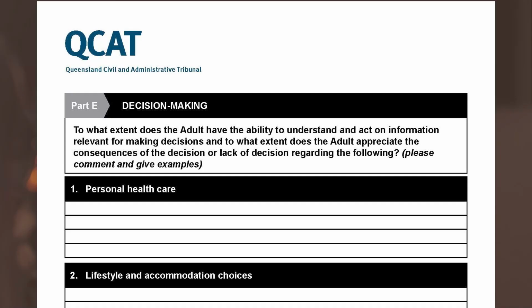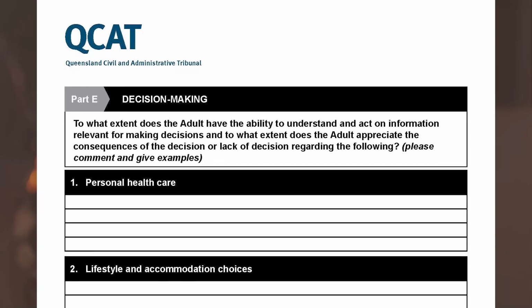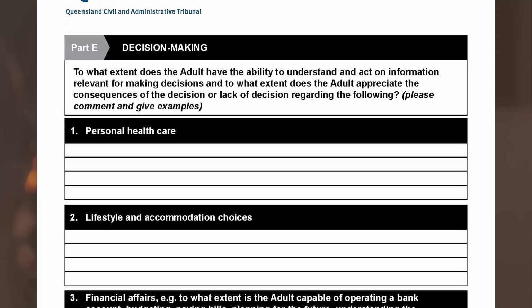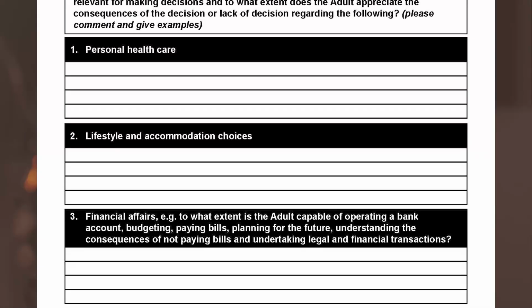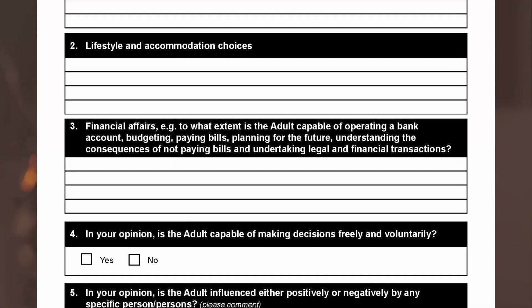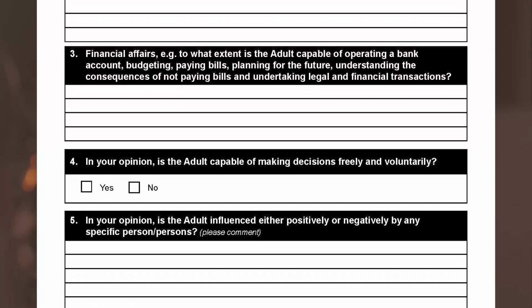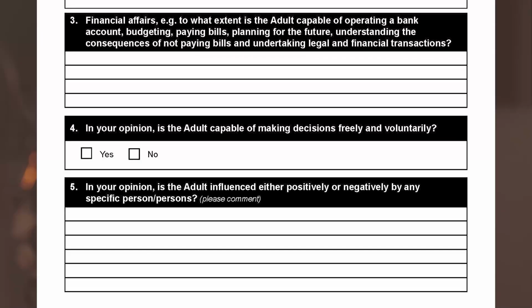Then decision making, you're asked to reflect on the various types of decisions: personal healthcare, lifestyle, accommodation, financial affairs, and whether the person's able to make these decisions freely and voluntarily, in your opinion. And there's also a question about whether, in your opinion, a person is being impacted negatively or positively from another person.